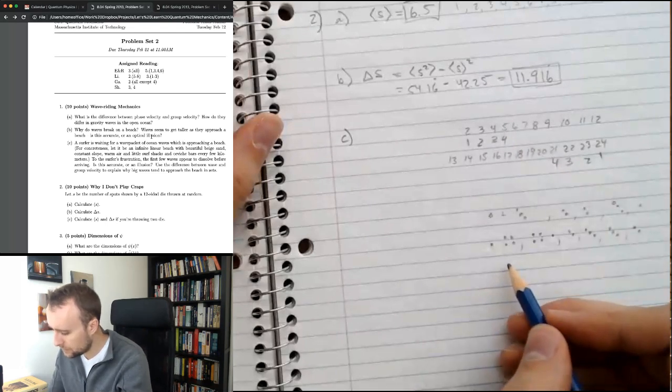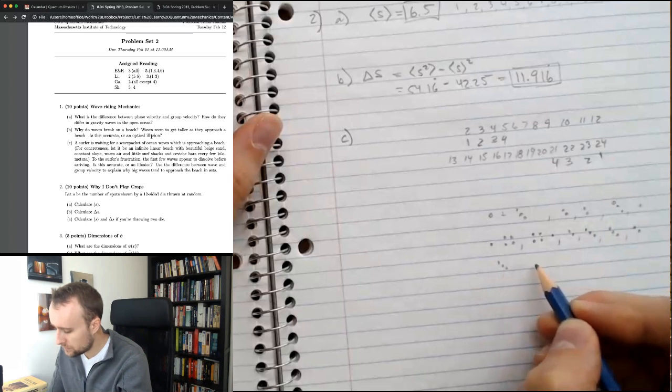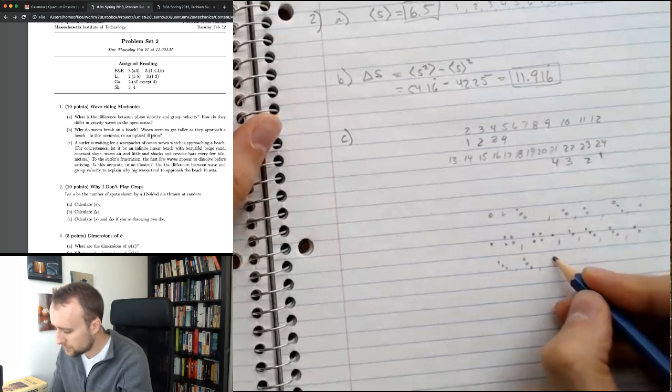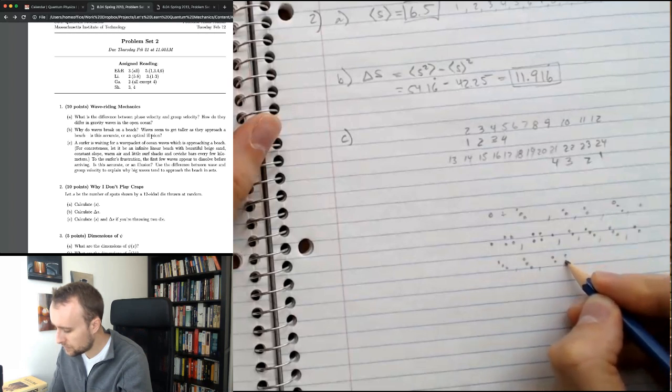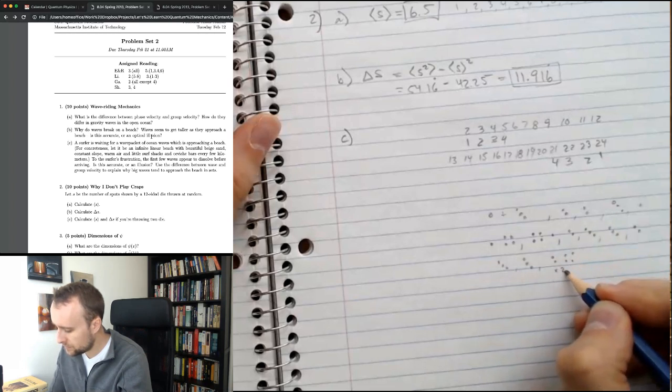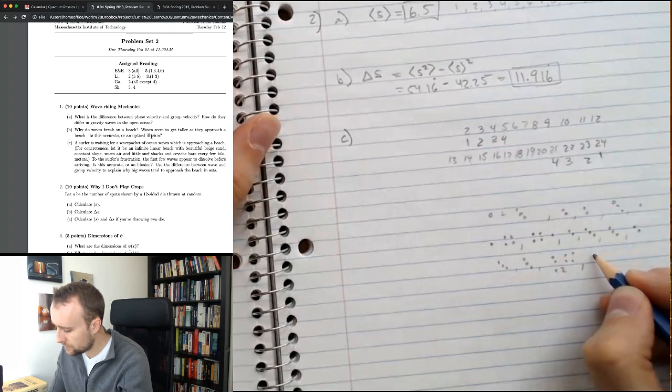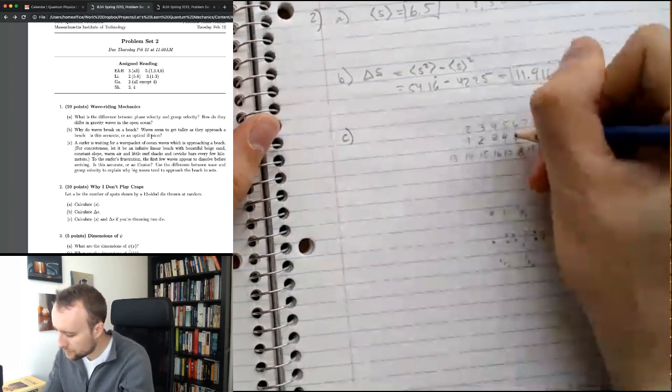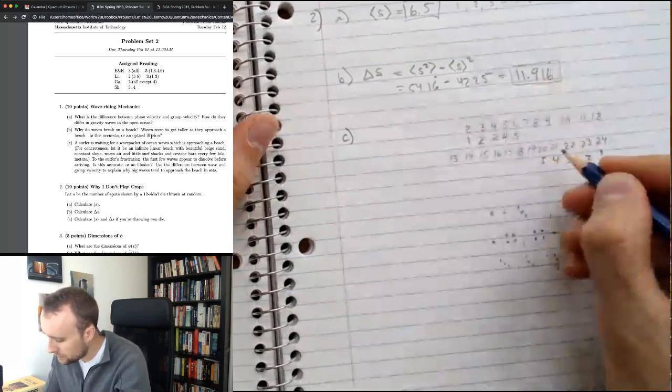And then 6 is 3 and 3, plus we have 2 and 4 times 2, and we have 1 and 5 times 2. So this is 5. I think this is the pattern.